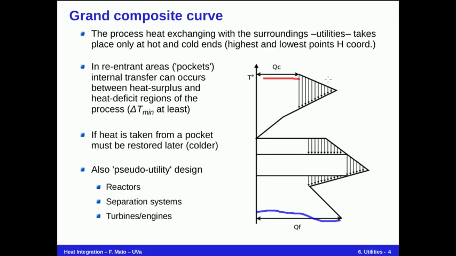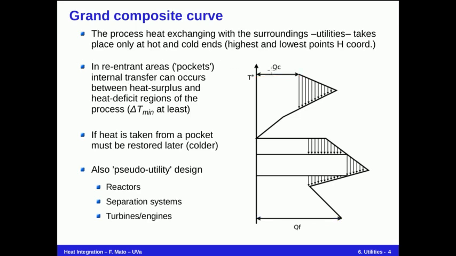It is at the highest or lowest point of the curve in the enthalpy coordinate. The minimum heating of the problem is exactly the enthalpy coordinate of the last point, and the minimum cooling need of the problem is exactly the enthalpy coordinate of the lowest point of the curve.